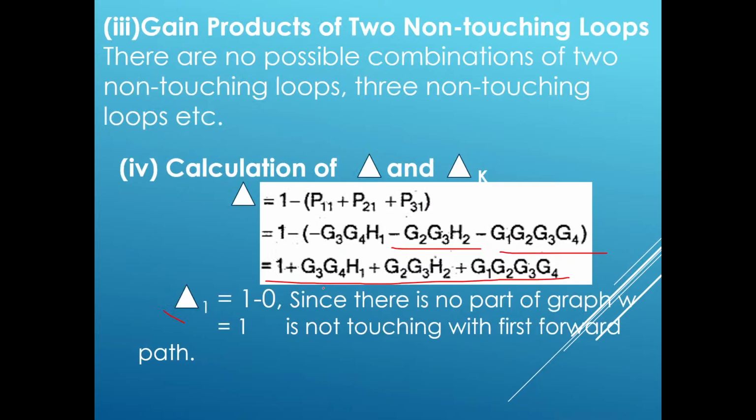So 1 minus 0, since there is no part which is not touching forward path 1. So delta 1 is equal to 1. We have got the delta value and the delta k value. Now we can go for the transfer function using Mason's gain formula.